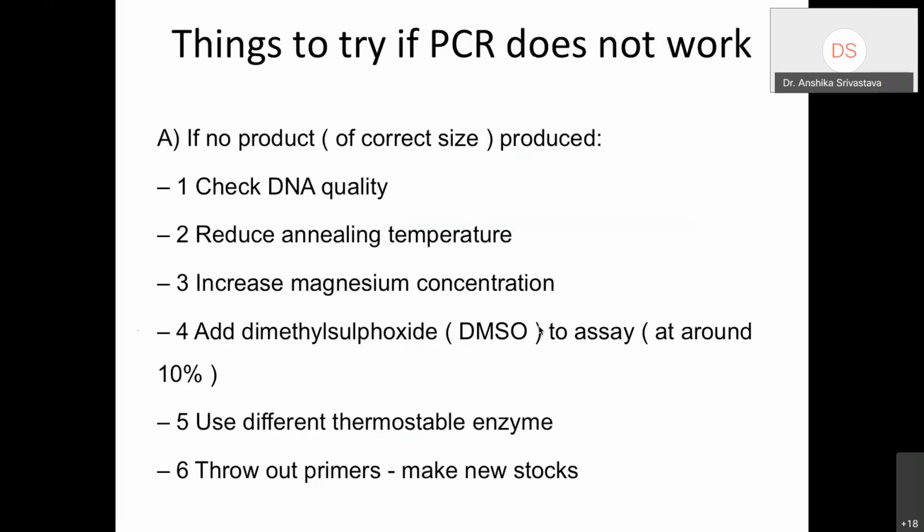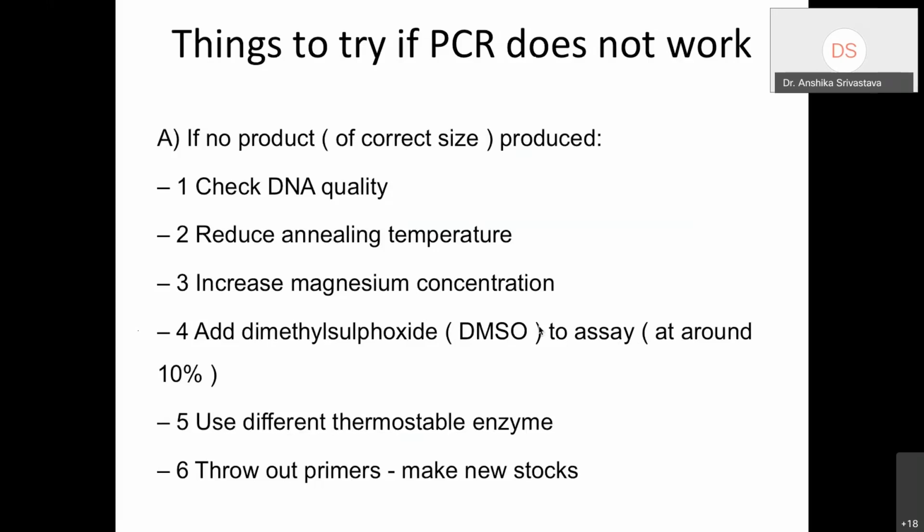So you can reduce the annealing temperature. Maybe you can fiddle around with the annealing temperature, a couple of 0.5 degrees Celsius up or down. You can increase the magnesium concentration, and you can add DMSO to around 10%. And then you can use a different thermostable enzyme.